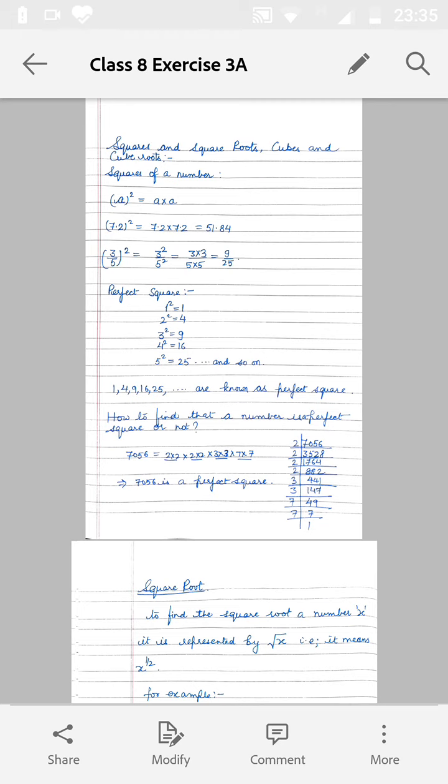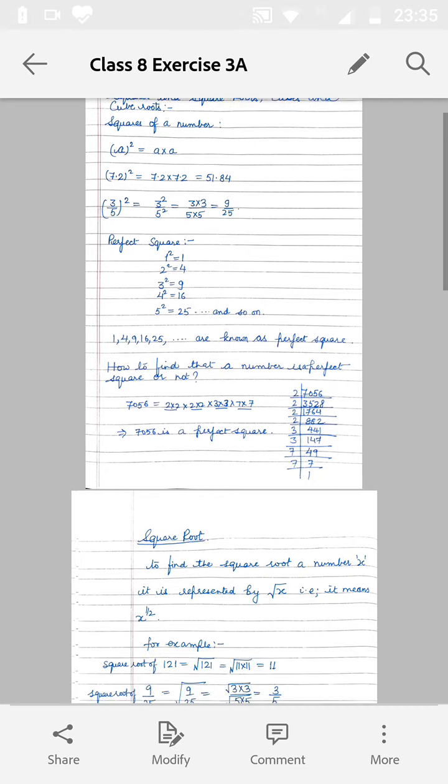The answer is 2 into 2 into 2 into 2 into 3 into 3 into 7 into 7. Here we can easily see that 2 is in a pair, again 2 is in a pair, then 3 is in a pair and 7 is in a pair. It means there is a pair for each and every digit. It shows that 7056 is a perfect square.